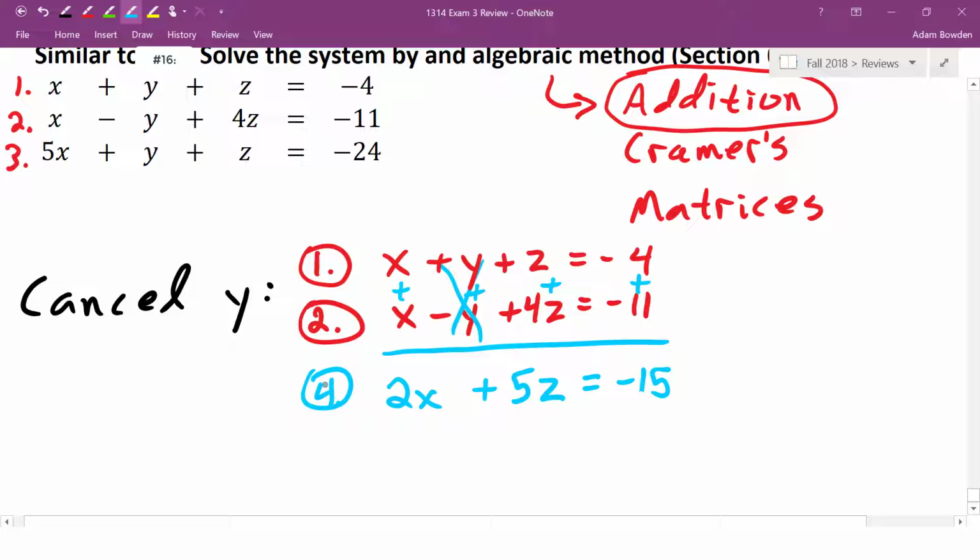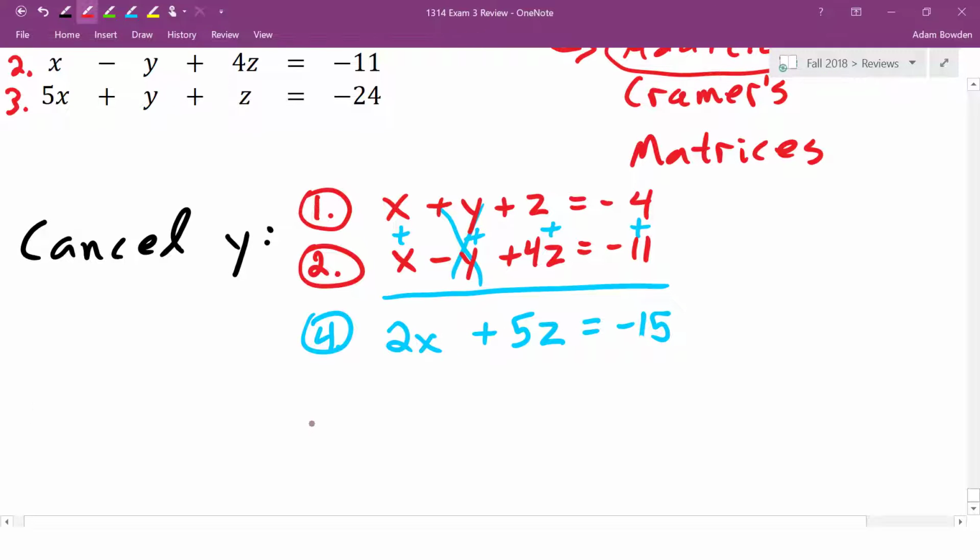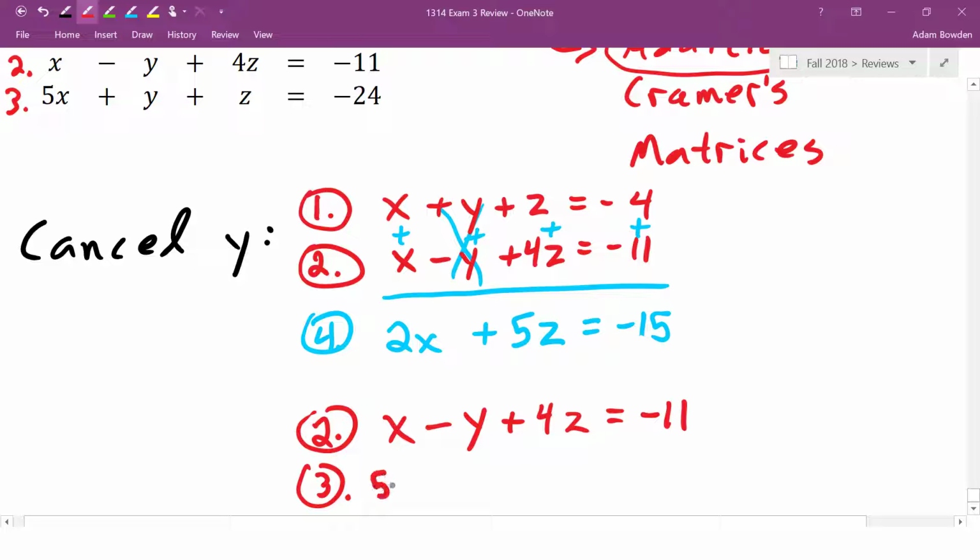So now that we've canceled out y one time, we've got to do it again. So what I'm going to do is now take equation 2 and 3, do the same thing to cancel out y. These are already set up again very well so that the y will cancel out immediately.